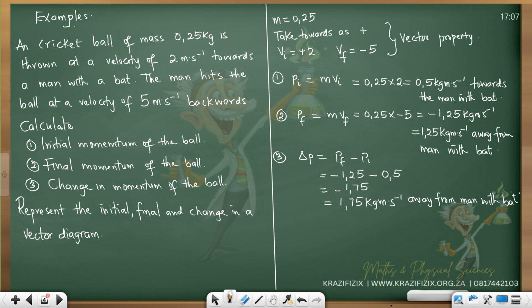You're okay with the 1, 2, 3. Initial, final, and change. Especially the signs. Please, once you omit the signs, physics is now wrong. This is a vector quantity. Now the last one. Represent the initial, final, and change in a vector diagram.